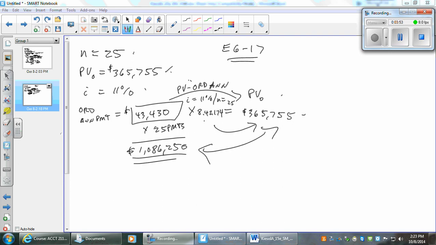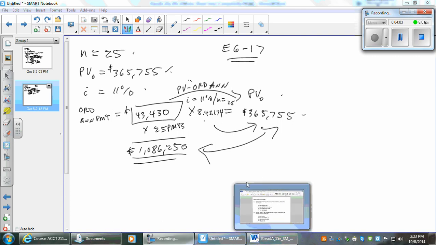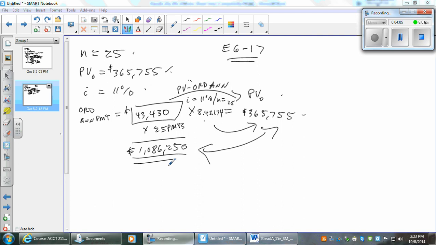There ought to be, at 11% for 25 years. That way, even if you use the wrong factor, you can catch it if you get a ridiculous number. I like to take that times 25. You don't have to, but I like to. I look at that and ask, is that interest reasonable? If it's a low interest rate, no. But for a high one like that, yes, I think so.